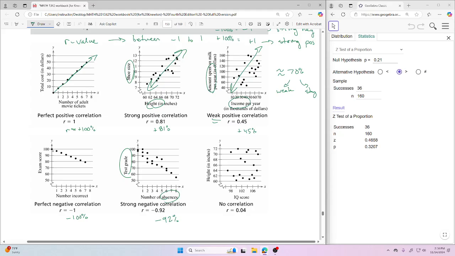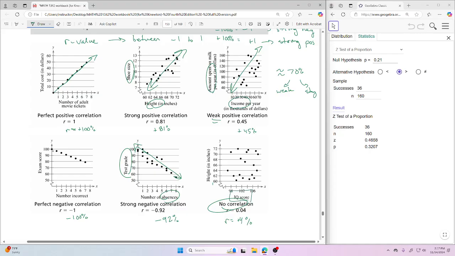Just playing. And then finally, you can see that this is literally a 4%. Positive, negative, doesn't really matter. That's so weak. And so they're going to say it's just no correlation at all.